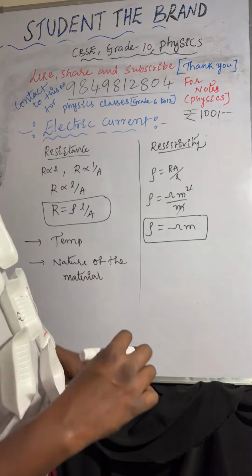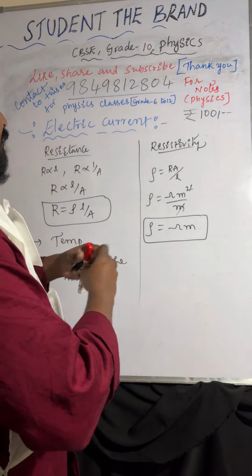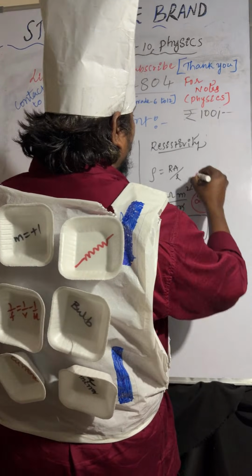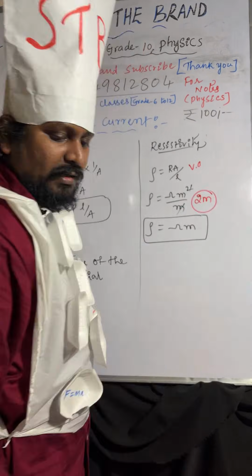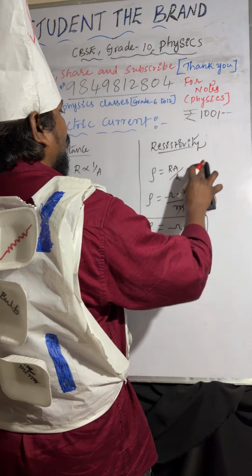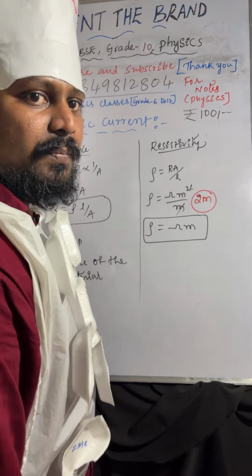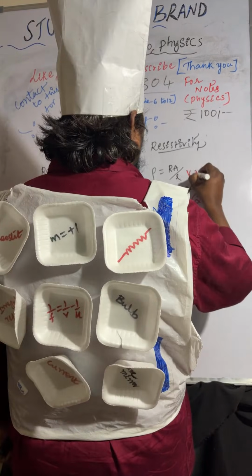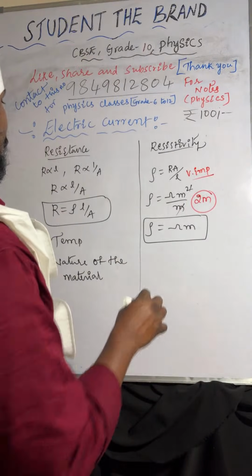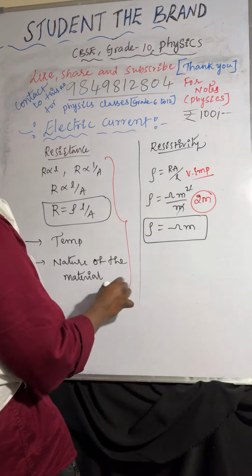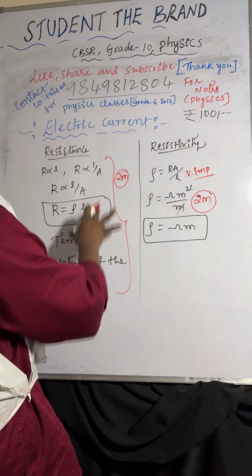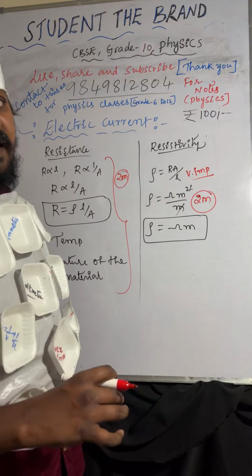This question comes for 2 marks, so it is very important. Make sure that you are practice this one. They will also ask this difference for 2 marks, the differences and the depending factors, everything.